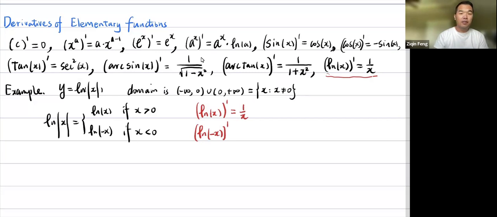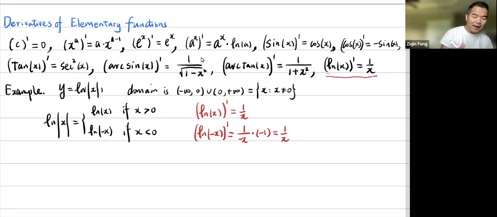The outer function is natural log, the inner function is multiplied by -1. So applying the chain rule, you get 1 over the inner function, which is -x, times the derivative of the inner function, which is -1 here. So this is also 1 over x, because -1 times 1 over -x is 1 over x, right?